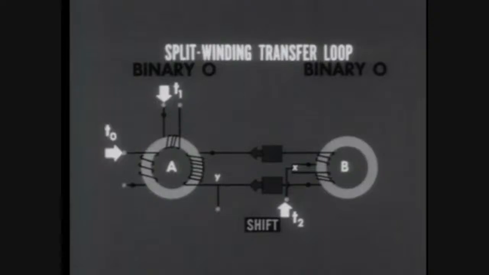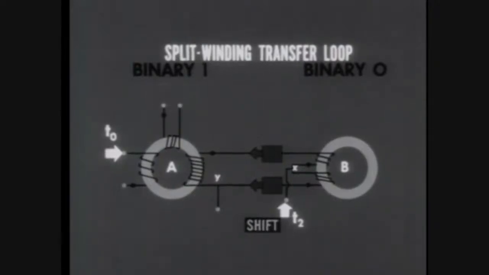At time T0, a pulse comes in the non-dot side of the left winding, and core A is switched to binary 1. Ordinarily, this switch would produce a pulse coming out of the non-dot side of the output winding. But the lower diode prevents a flow of current in that direction. Core A now stores a binary 1. Core B has not been affected.